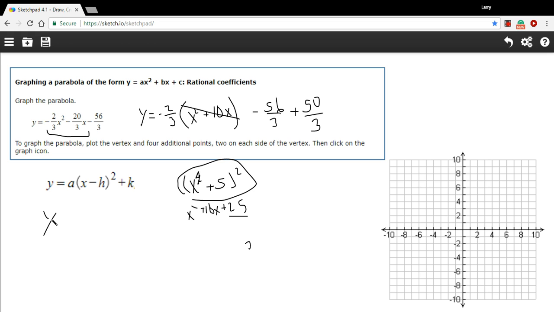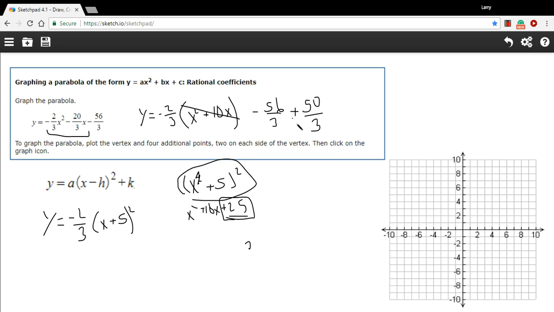What I have now is y equals negative 2/3 times our square here, x plus 5 squared. To get that value, we had to complete the square by adding in 25 to it. Really, we added in 25 times negative 2/3 to the whole equation.